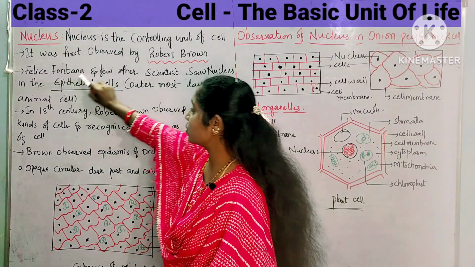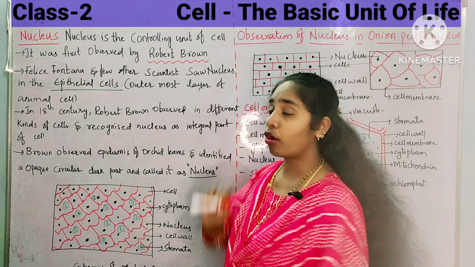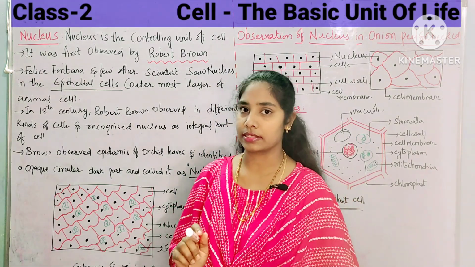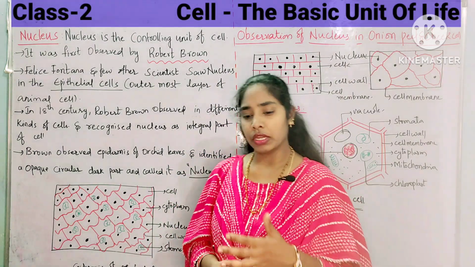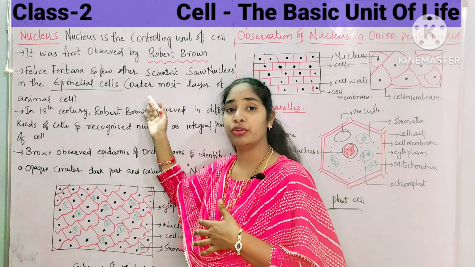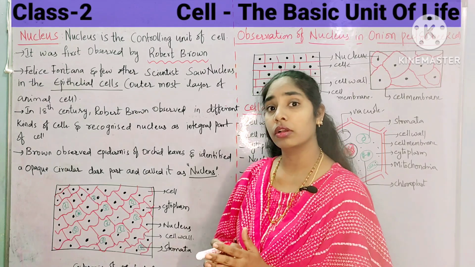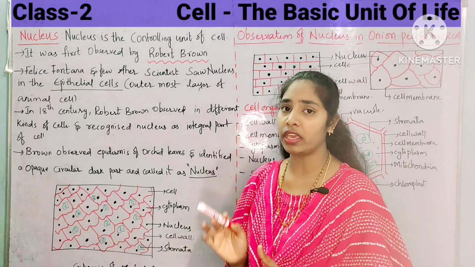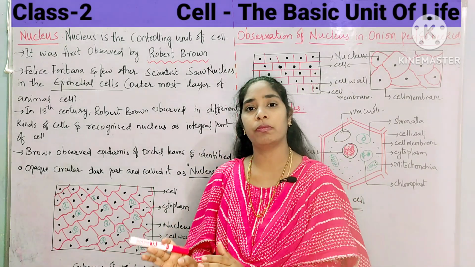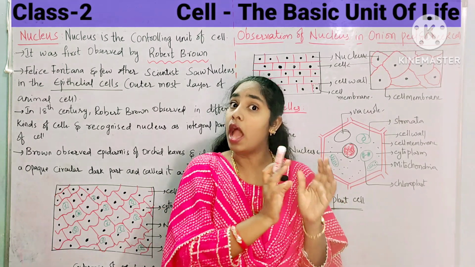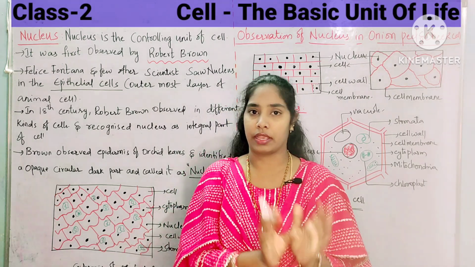So here Felice Fontana and a few others saw the nucleus in epithelial cells. But even though they observed the nucleus, most of the contribution goes to Robert Brown. So you have to consider only Robert Brown as the person who first identified or observed the nucleus.